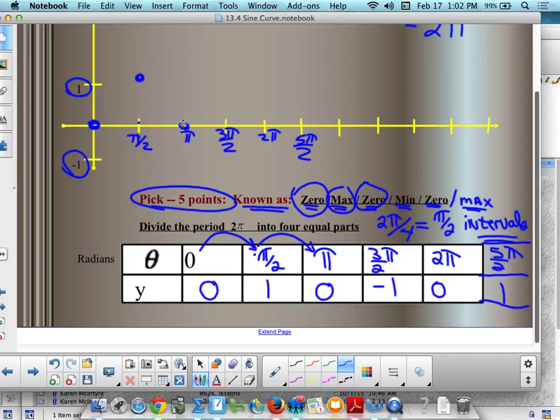Pi is 0. 3 pi over 2, -1, minimum. Back to 0, back to your max, and it goes like this. Where would it go after this? Back to 0, then back to 0. It goes on forever. Okay?